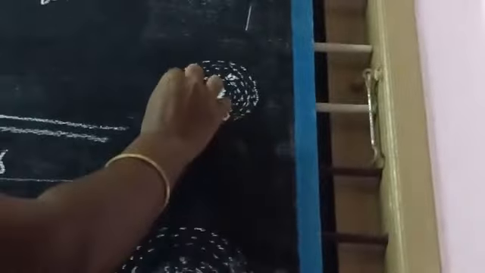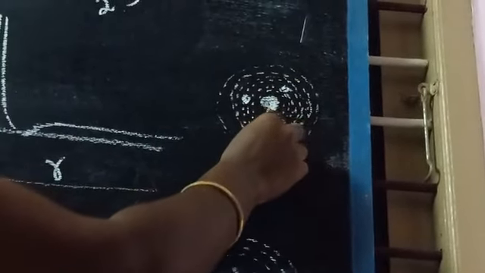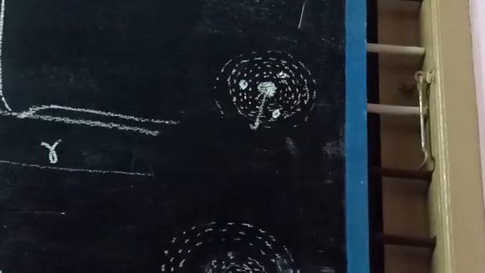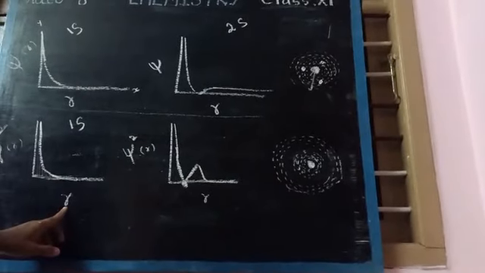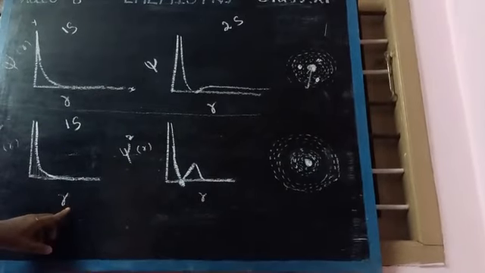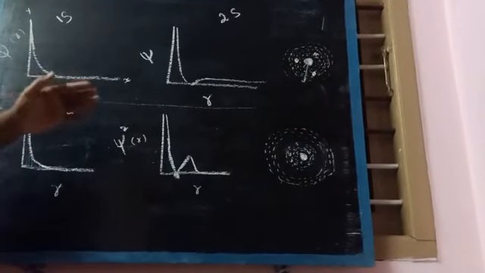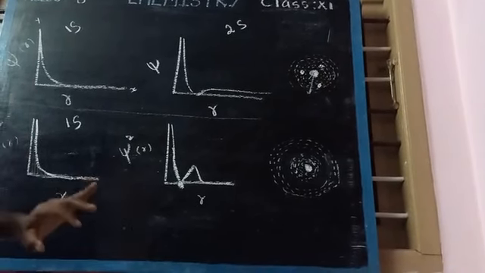Now here the electron density is more. At the same time, here on the outer side, the electron density is much lesser. So the distance increases. This graph shows that as the distance, the radius, between the nucleus and the electron increases, the electron density decreases.